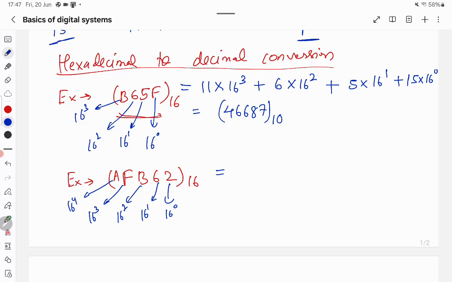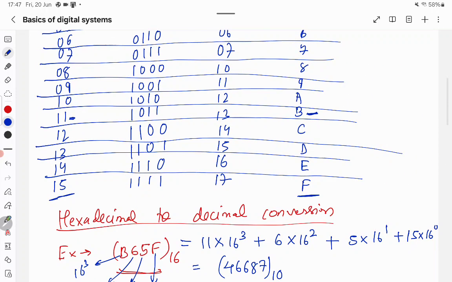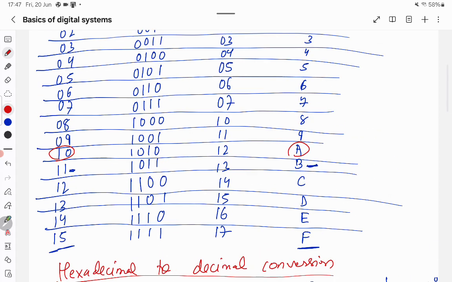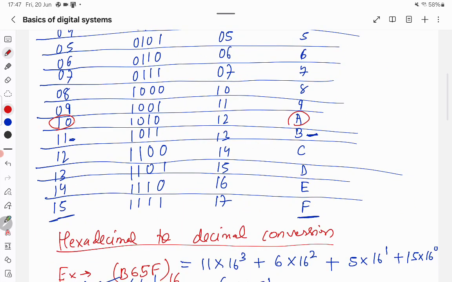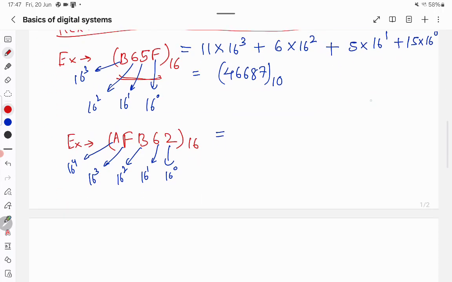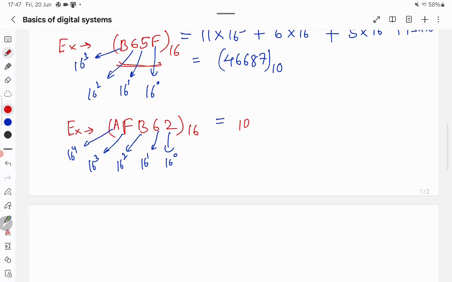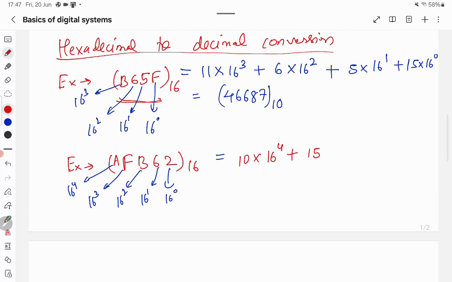So you will write, A can be written as 10, because we are converting from hexadecimal to decimal. So you have to look at which table we are converting, and look at that table. So A can be written as 10 into 16 to the power 4, plus F can be written as how much? 15, right?